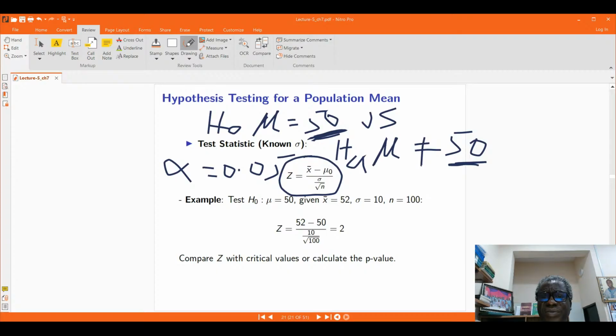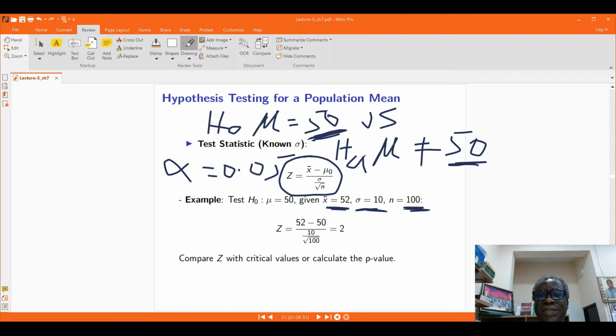And then the standard deviation, since it is known, you have been given. In this case, the sample mean is 52, and the sample size is 100.